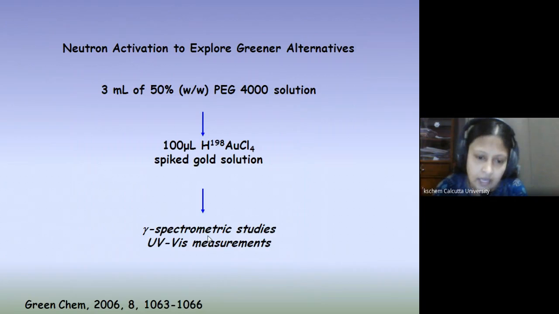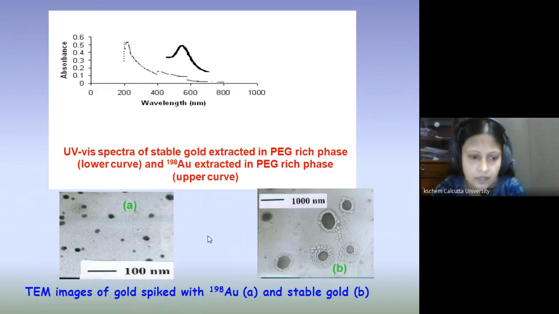Then the color changed to beautiful magenta color, and then we just analyzed it for gamma spectrometric studies to see whether it has decayed or not, and then we took it for UV visible measurements and transmission electron microscopic analysis.